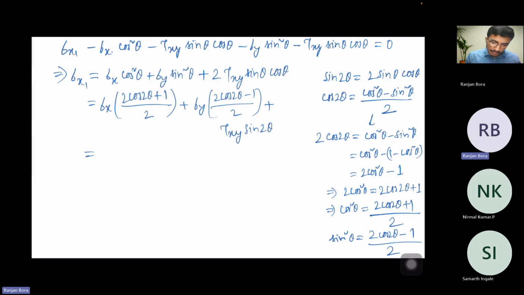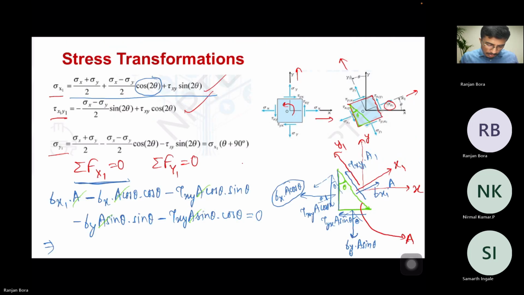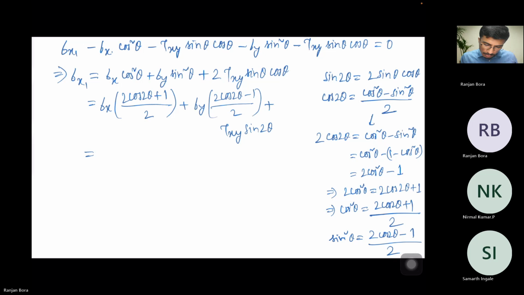From here, so from here what we'll get, it will be 1 minus cos 2 theta. Okay.